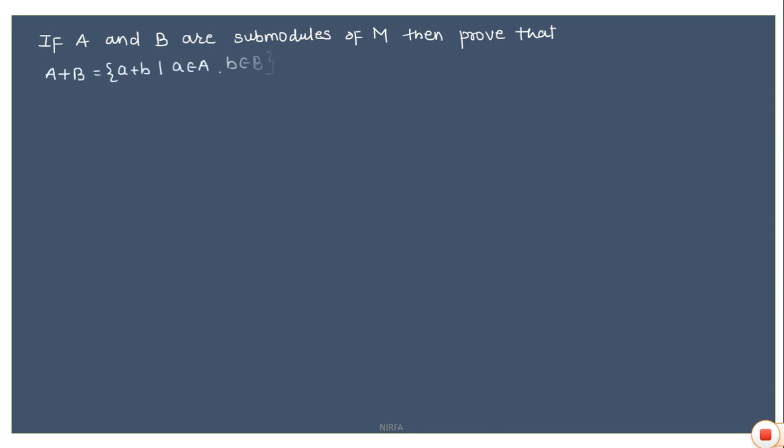After that, we are going to prove another example. If A and B are submodules of M, then show that the set A plus B, which is defined as the addition of an element from A and an element from B, is also a submodule.